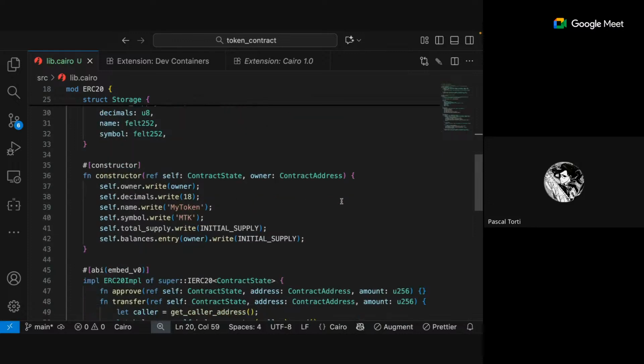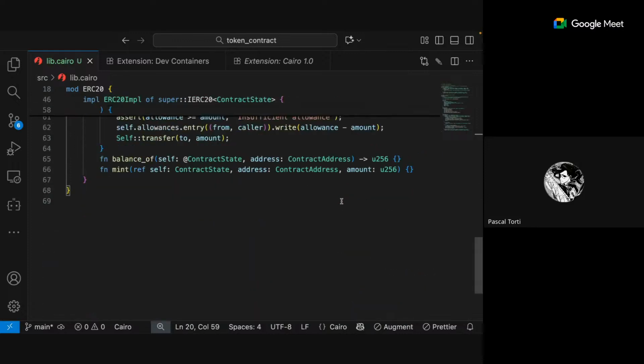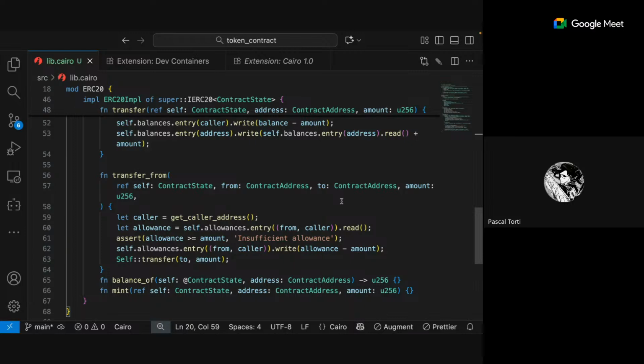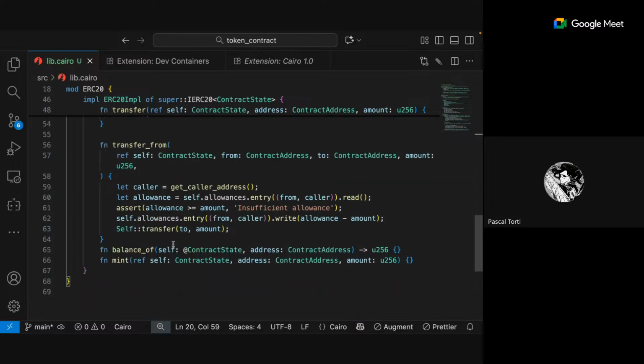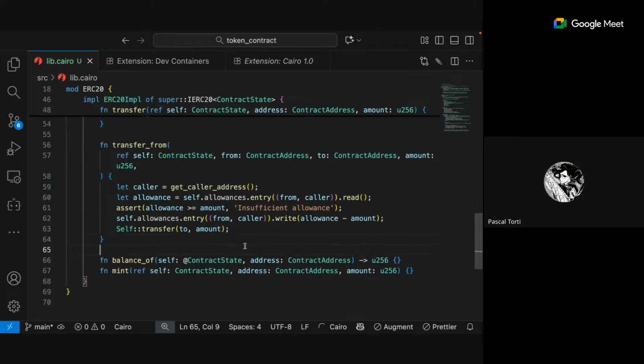So what else? Then we have done the transfer and transfer from. So let's go to the balance of. I want to read the balance of an address. This one does not require any check because anybody should be able to read your balance.